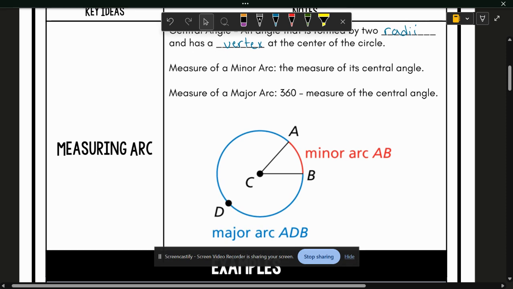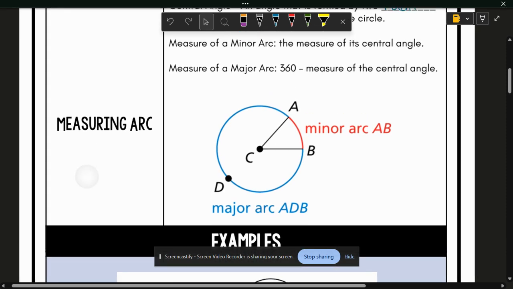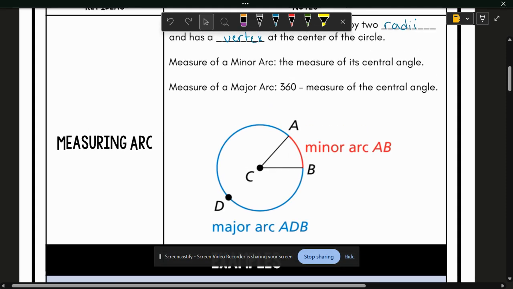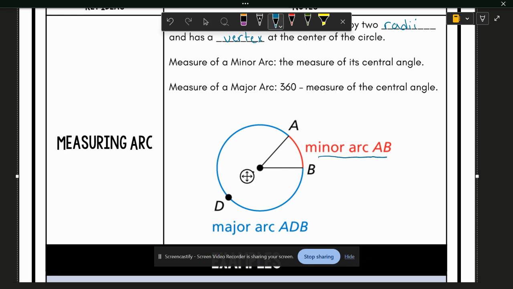So if you take a look at these two arcs, up here it says minor arc. I'll underline this right now, minor arc AB. Notice how it's just denoted as AB. That notes that it's a minor arc. A major arc usually is ADB, or 3 letters. How to distinguish between the two?